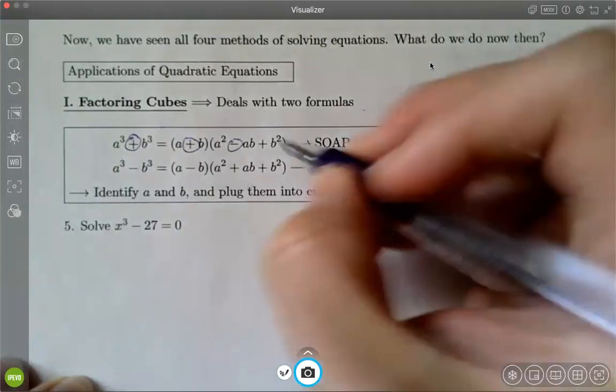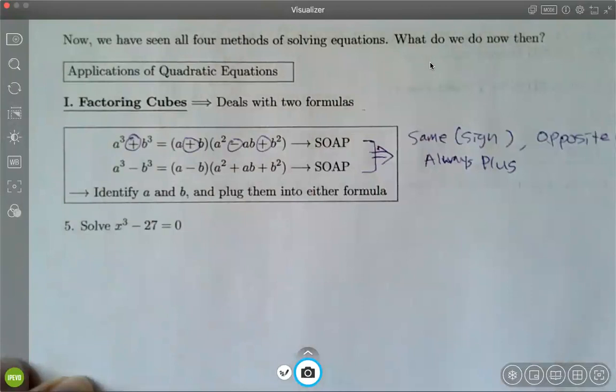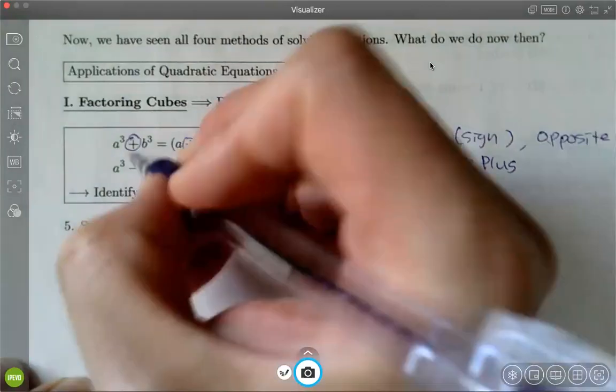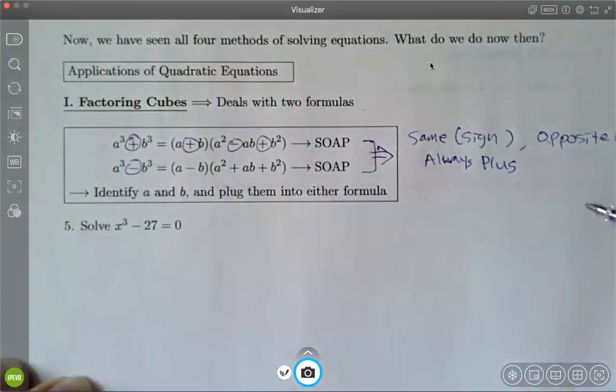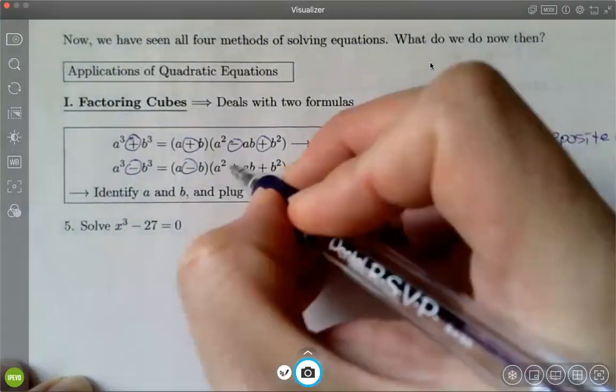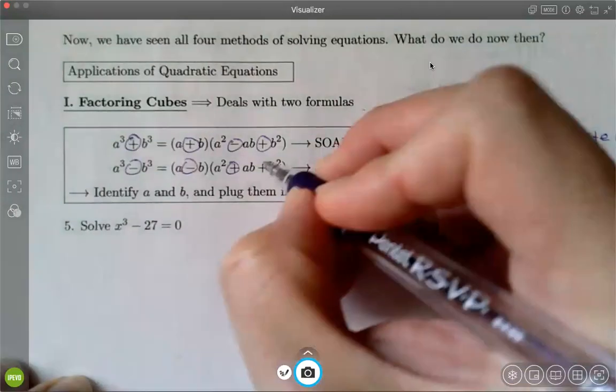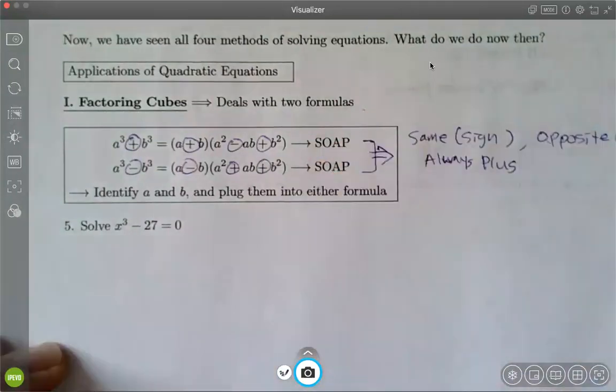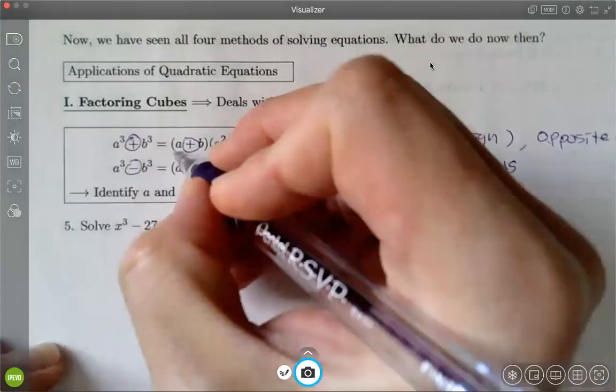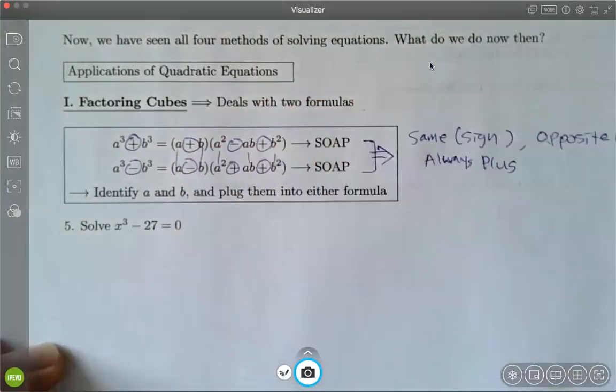Similarly, if we start with the subtraction sign, then we keep the same sign, which is minus, then we flip it, which means plus, and the last one is always plus. So as long as you memorize these exact same bone structures, a, b, a squared, ab, and b squared, and then fill in the signs according to the soap, everything will be going in the right direction.